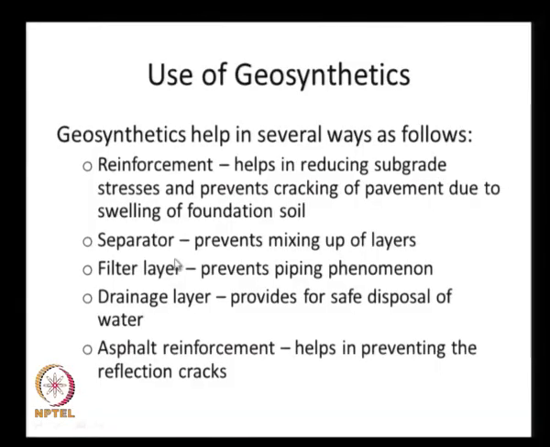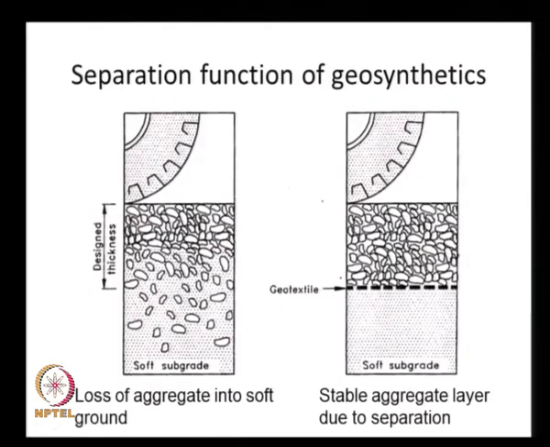The application of the geosynthetics we will see in some other lecture, but just to give you a brief idea, here is the separation function of the geosynthetic. Let us say that we have provided a design thickness of the aggregate layer, which is underlain by a soft subgrade. As time passes with the number of traffic loads, gradually the stone aggregate might simply get disintegrated and sink into the soft subgrade, because there is not much support given from the subgrade.